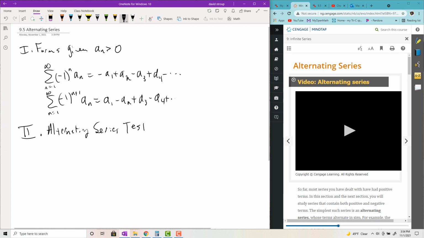The test is done on the a sub n portion of the series. Again, we presume that the a sub n portion is greater than 0. Then the alternating series of either form will converge if the following criteria hold.